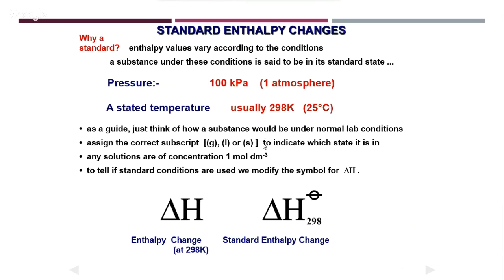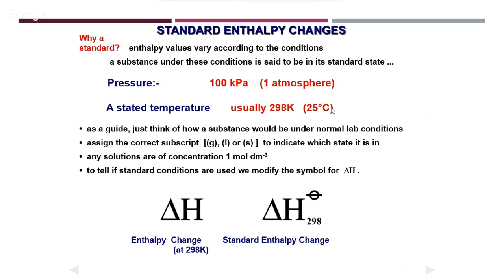Please note, one common mistake that students make is taking temperature as 0 degrees Celsius. No, it's basically the room temperature. At 25 degrees Celsius, substances exist as they are in normal lab conditions, whether gaseous, solid, or liquid, and at that point we call it a standard enthalpy. From there, if we are measuring any enthalpy change, we call that the standard enthalpy change.